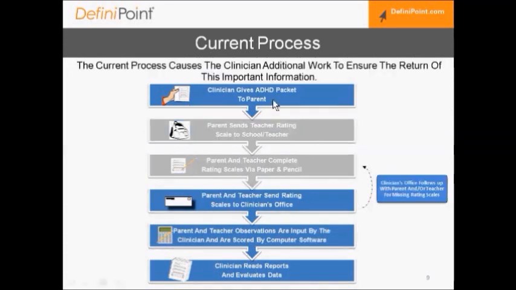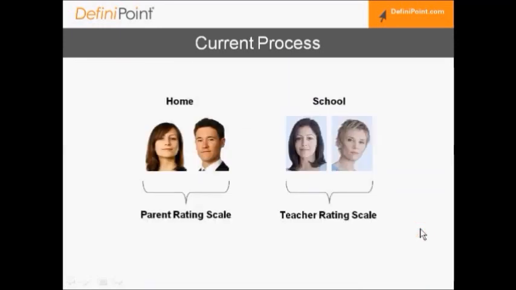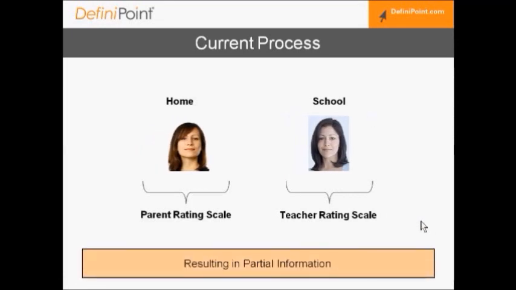And unfortunately, as you can see, this is quite an intensive process for the clinician and the office staff. Because of the paper and pencil process that's currently used, the information does not always get back, and unfortunately this results in clinicians having only partial information.